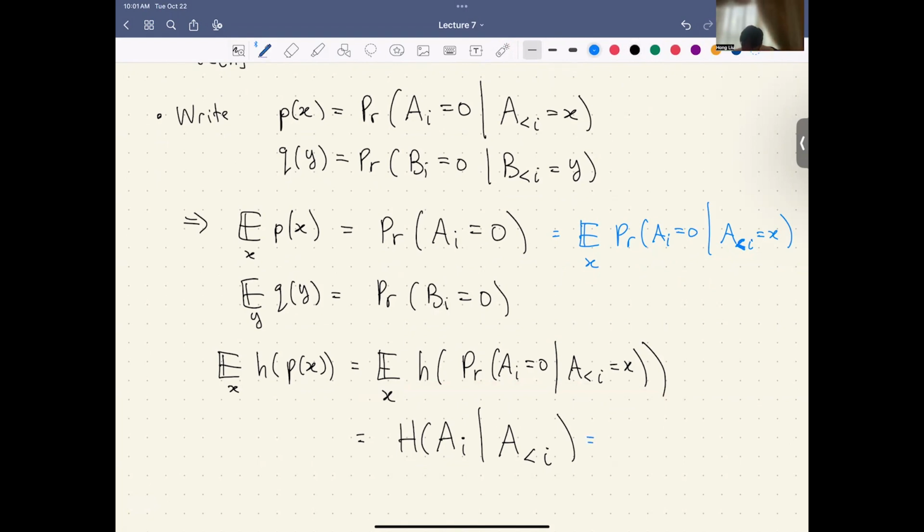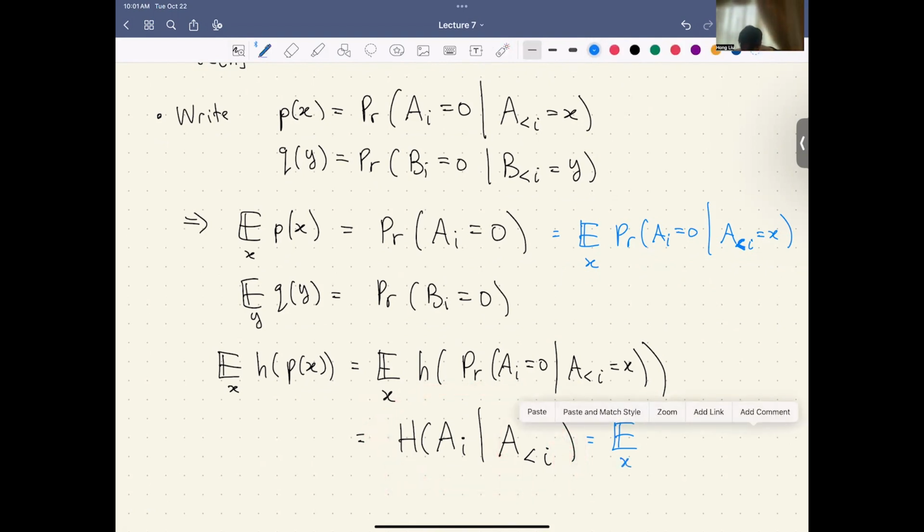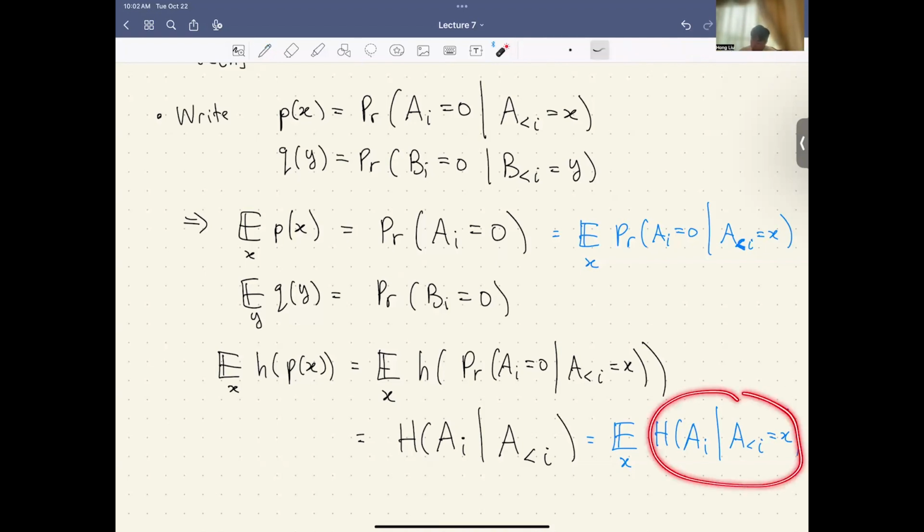This equals to expectation. Remember, conditional entropy is expectation over all instances of the thing we condition on. H of A_i conditioning on A less than i equals x, right? Now, what is this guy? This guy is precisely this, by definition of a little h function.